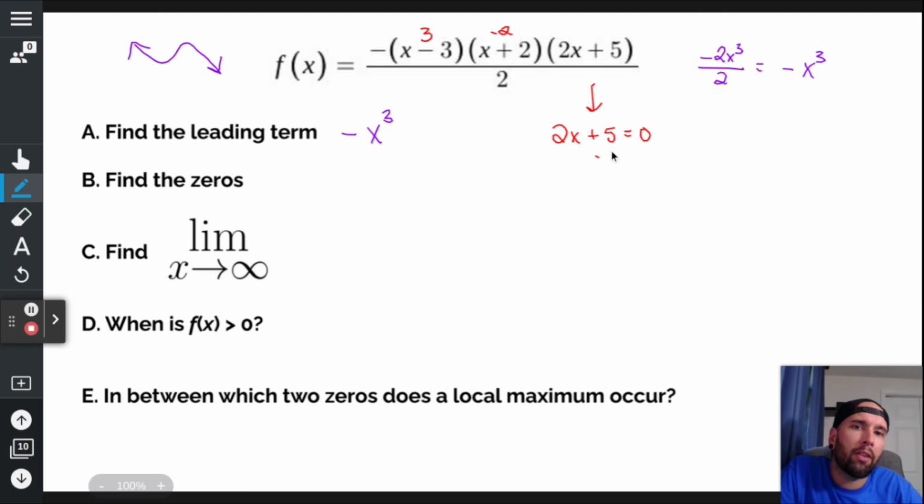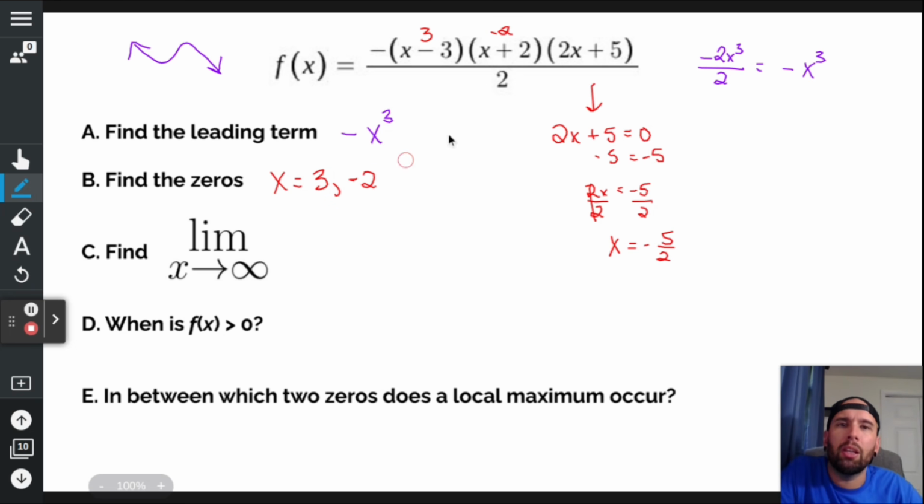Subtract 5 from both sides, and you have 2x equals negative 5. Divide both sides by 2, and your last zero is x equals negative 5 over 2. So my zeros are 3, negative 2, and negative 5 over 2.